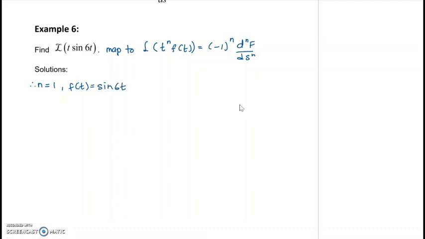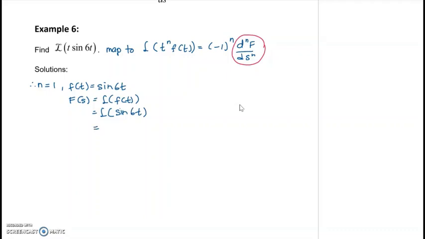The intention is to get the derivative, but in order to find it, first we need to know what F(s) is. Only then can we differentiate. So F(s) is the Laplace of f(t), which is the Laplace of sine 6t.